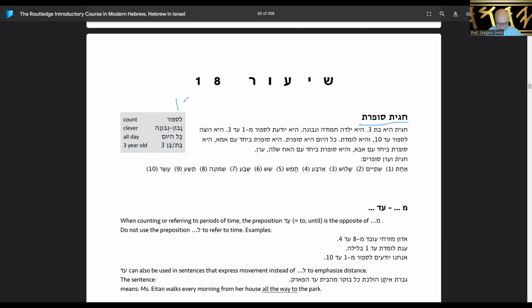All right, let's change it around. Hagit soferet. Oh, it's soferet. Soferet. Hagit soferet. Okay, so that's why I wouldn't call it a pey. This is a fey, clearly.